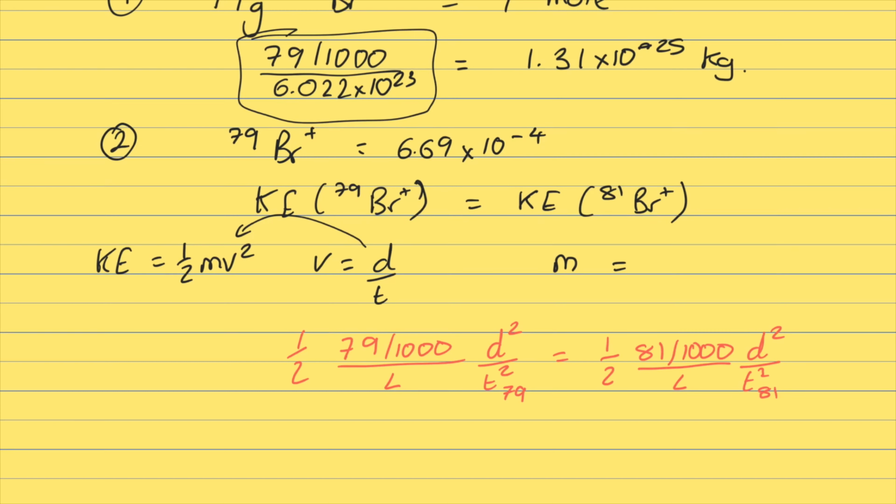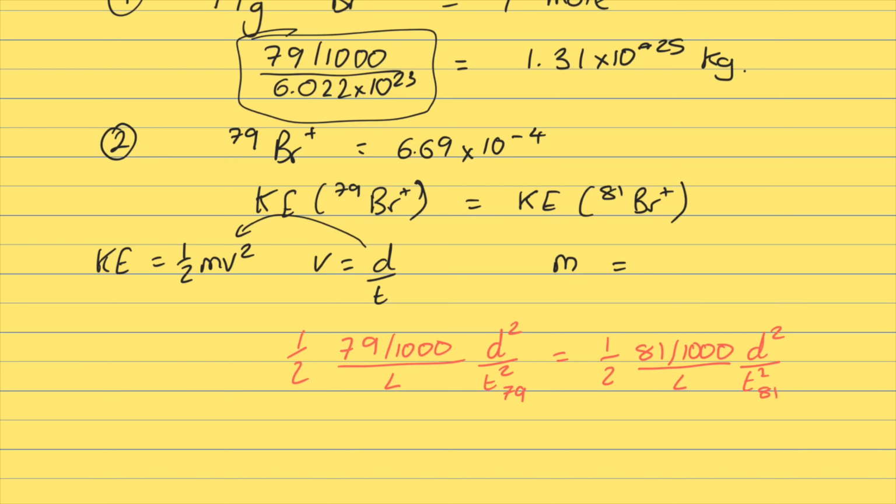Now you'll notice for the d's I didn't write out the 79 and the 81, because the distance is the same, because it's the same flight tube.